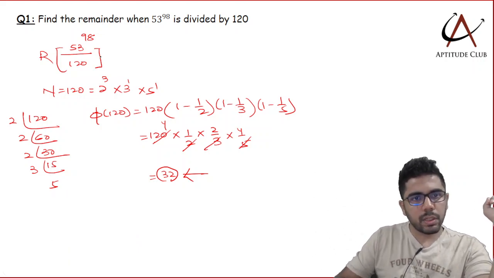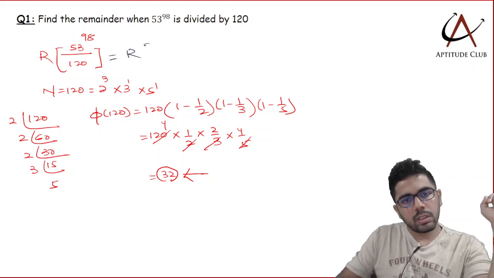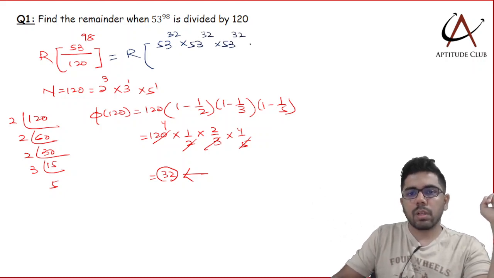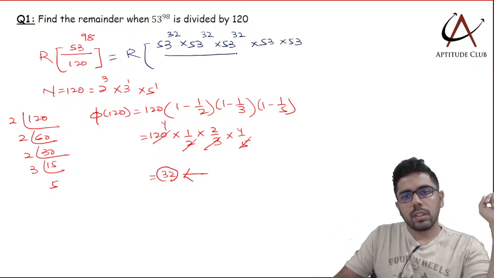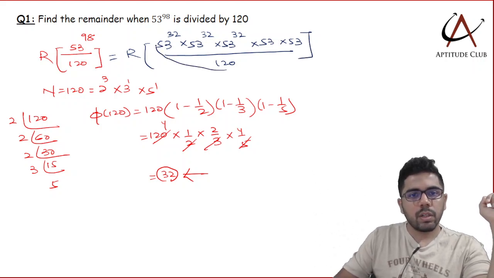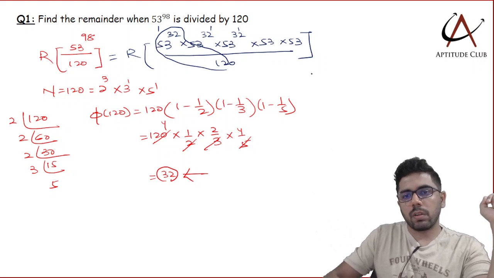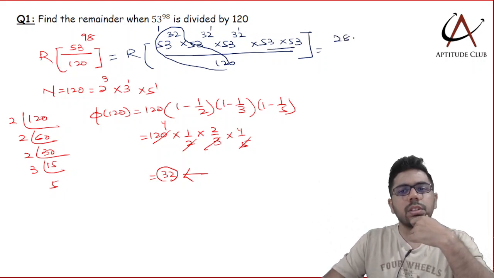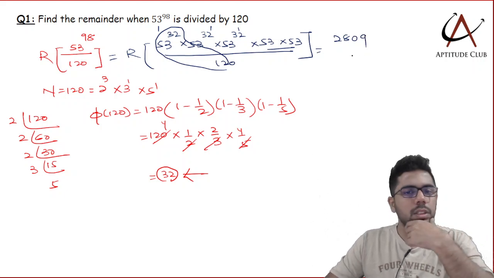If you expand this now, it is the remainder of 53 to the power 32 into 53 to the power 32 into 53 to the power 32, that makes 96, into 53 into 53 divided by 120. So every time 53 to the power 32 is divided, the remainder is 1, 1 and 1. So now just multiply 53 into 53. 53 into 53 will be 2809.